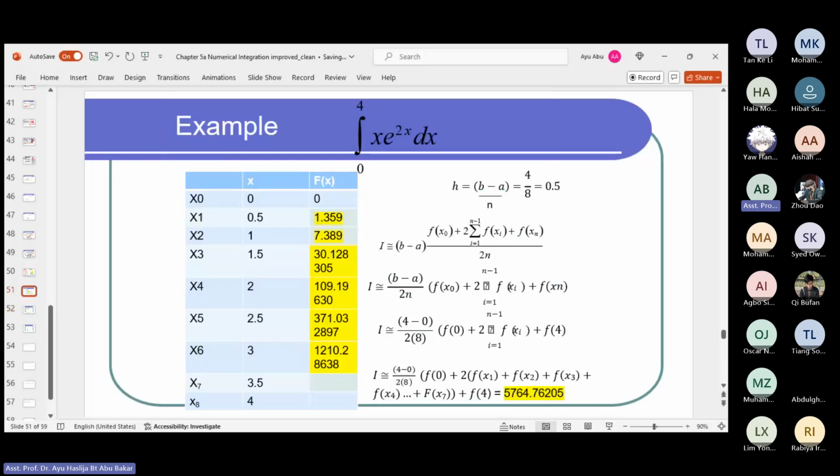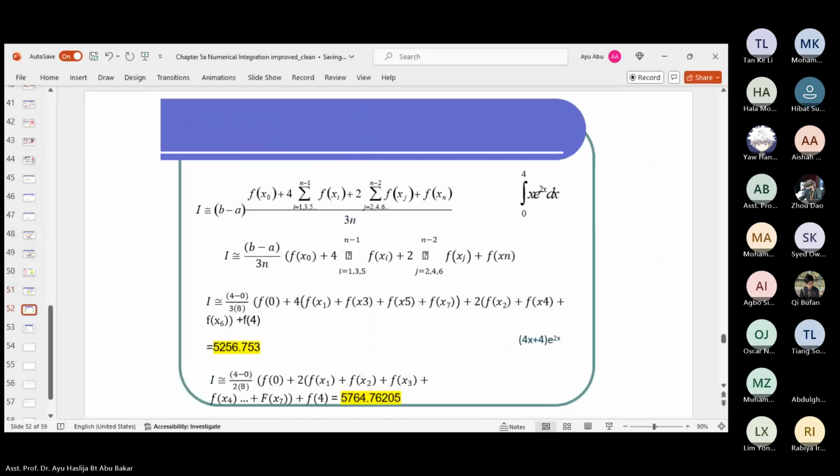This one uses multiple trapezoid. This equation is multiple trapezoid. Then it also uses this.